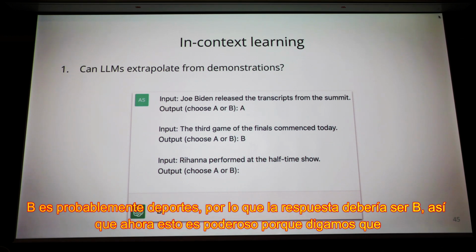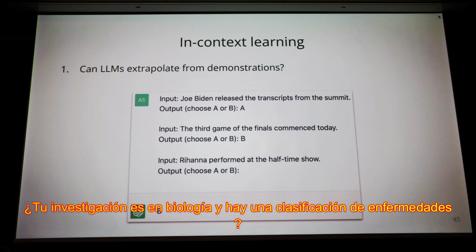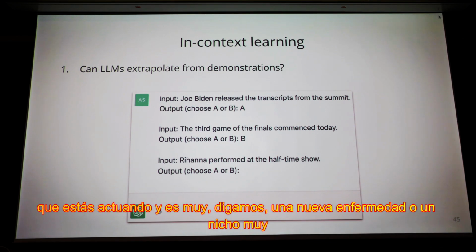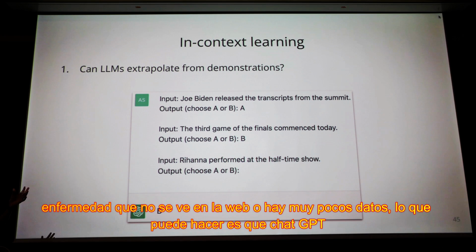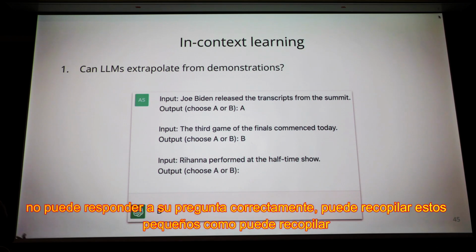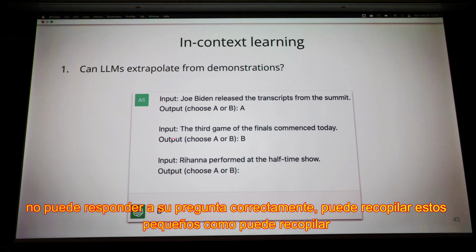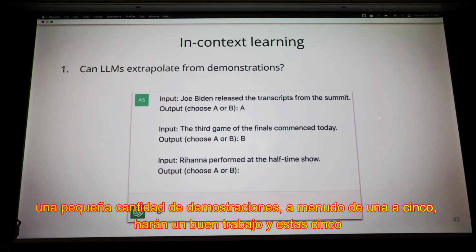Now, this is powerful because let's say your research is in biology, and there's some disease classification that you're performing, and it's a new disease or a very niche disease which is not seen on the web, or there's very little data. If ChatGPT is not able to answer your question correctly, you can collect a small number of demonstrations.